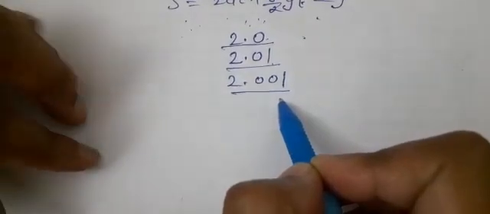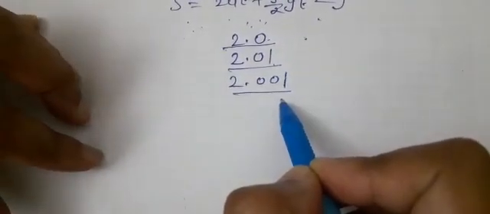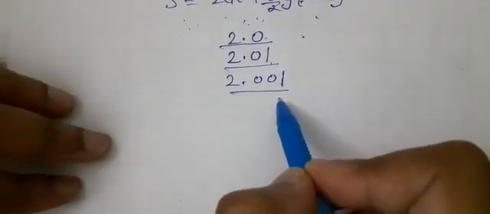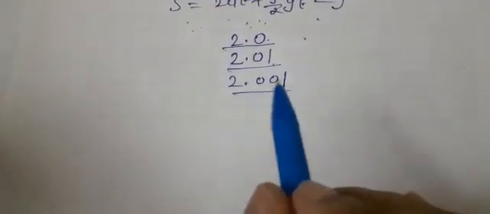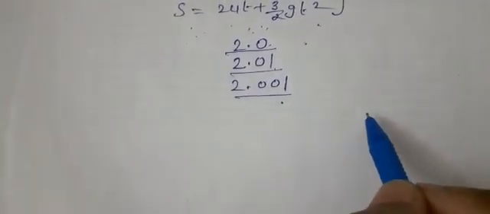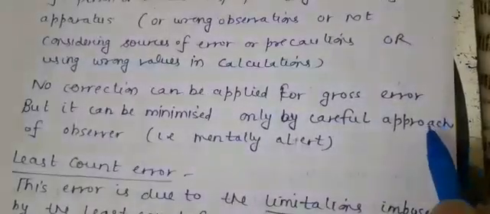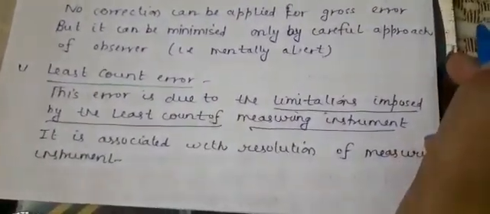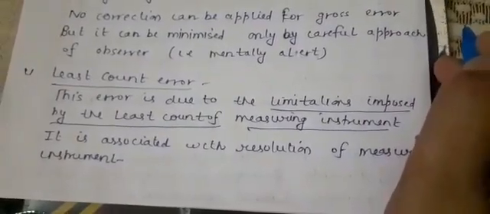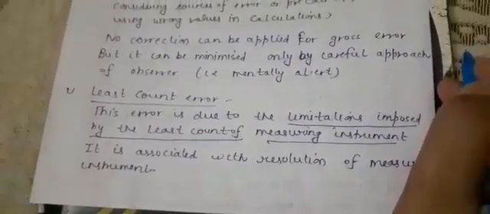It means we are measuring more minutely, up to more decimal places, and we can go to more and more decimal places. So when we do the measurement, the meter scale has a limitation that it can measure up to only 1 decimal place. With the normal scale which we are using, we can do the measurement up to 1 decimal place.